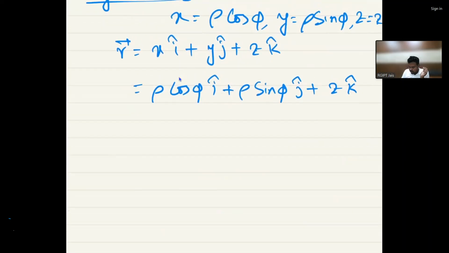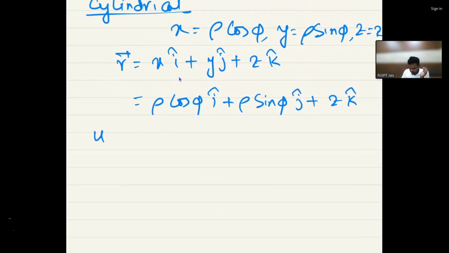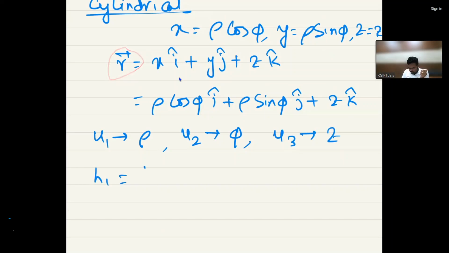So what are U1, U2, U3 here? Here U1 is basically rho, U2 is basically our phi, and U3 is basically our z, right? And now if we want to find out the scale factors, so what is H1? H1 is basically del R by del U1 and its mod.